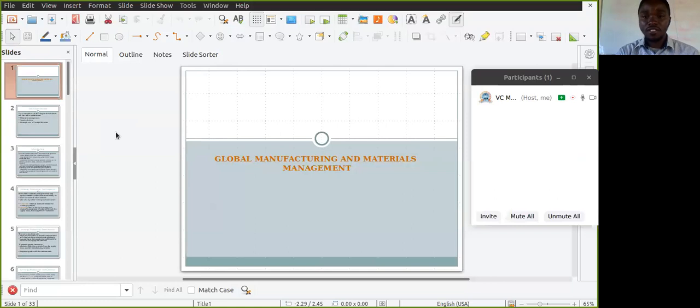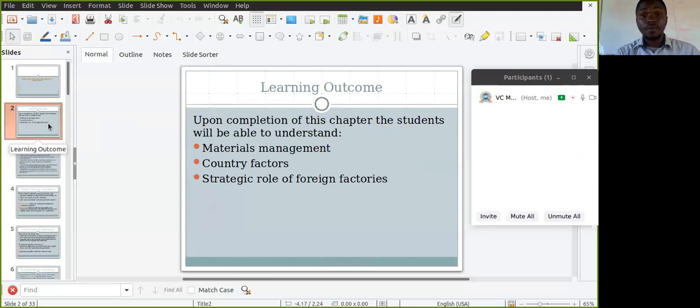So global manufacturing and materials management is our first slide; we go to our second slide. The learning outcome: after completion of this chapter, the students will be able to understand materials management, country factors, and the strategic role of foreign factories.